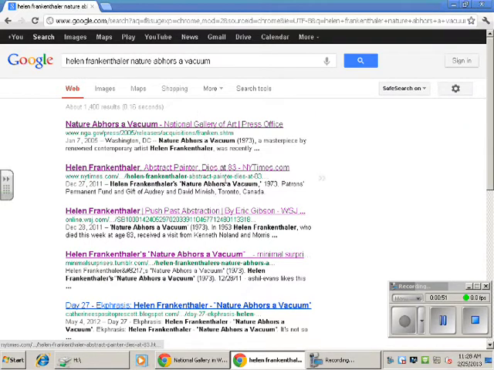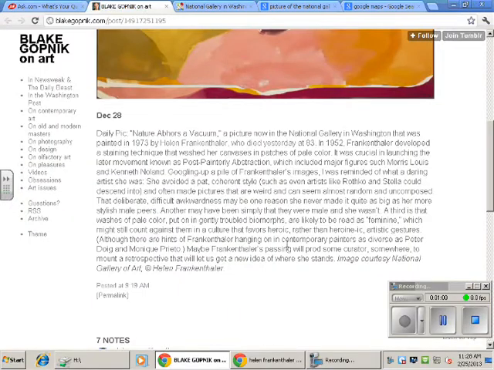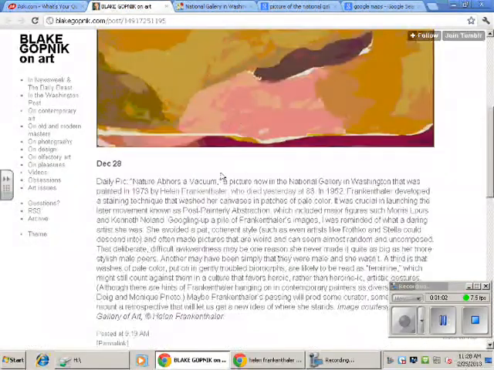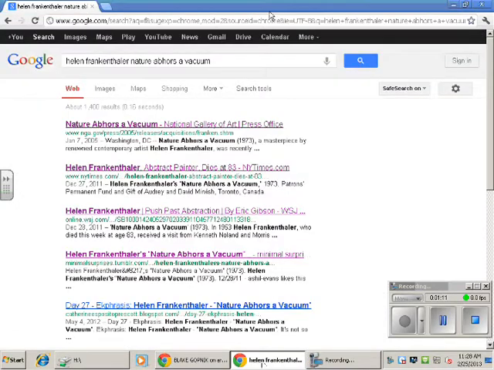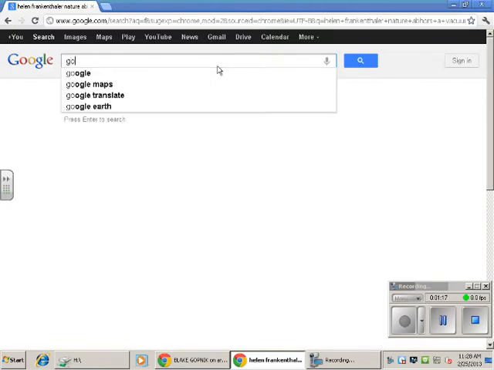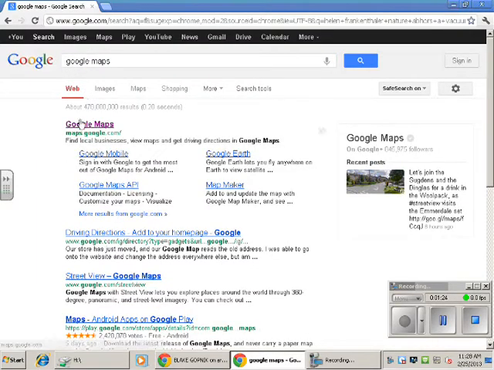So then I looked at places, and this is where it was. I went here, and it said, a picture now in the National Gallery in Washington that was painted in 1973 by Anna Helen Frankenthaler. So then I typed in Google Maps, and I went there.